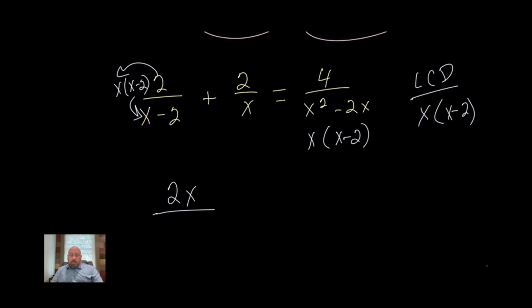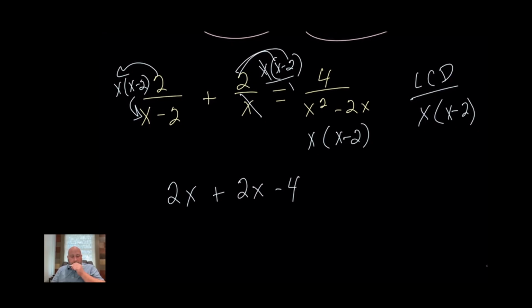So over nothing, okay? So that cancels. Same thing here. We're going to have x minus 2 over 1. This x cancels with this one, and so we end up with 2 times, and you can just go ahead and put that through, 2x minus 4.